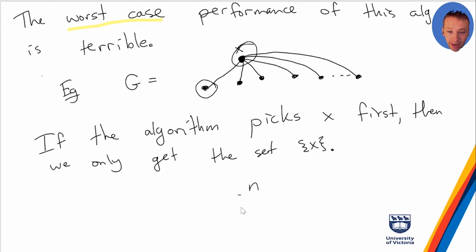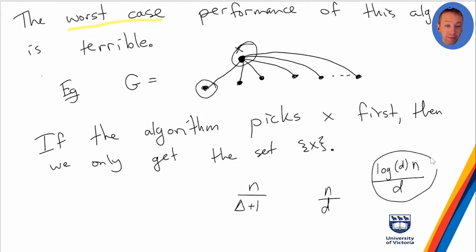I could already do a lower bound of n over delta plus 1, so if I ended up with n over d, I'd be a bit bummed out because it didn't really beat what I had before. It's kind of the same. So I want to do something which is more like log d. You're not supposed to really know where this log comes from yet, but that's going to come at the end. I want to end up with something like this, which will be an actual improvement.